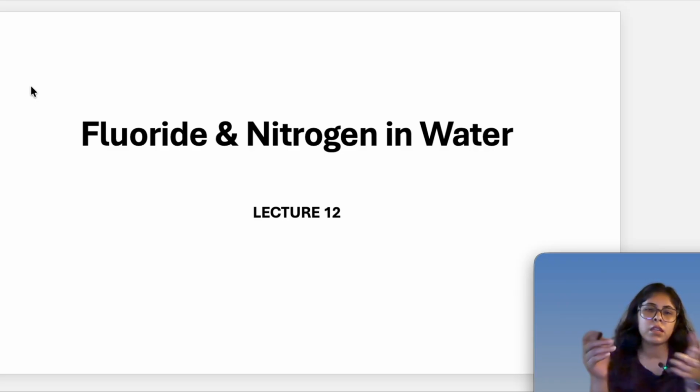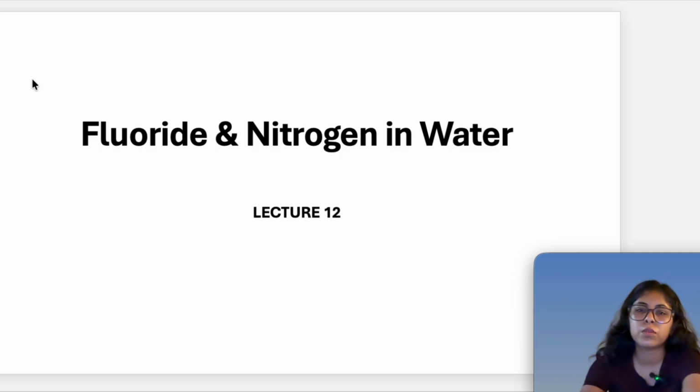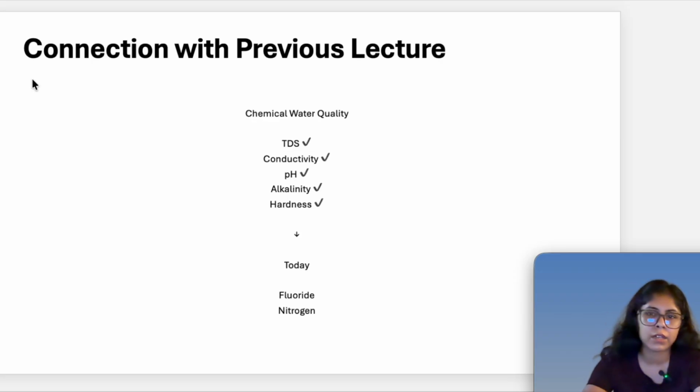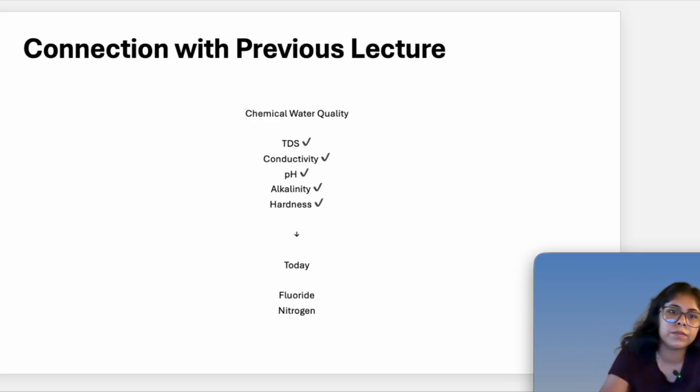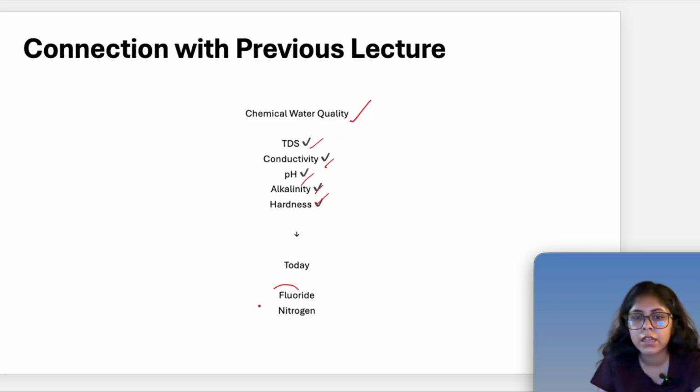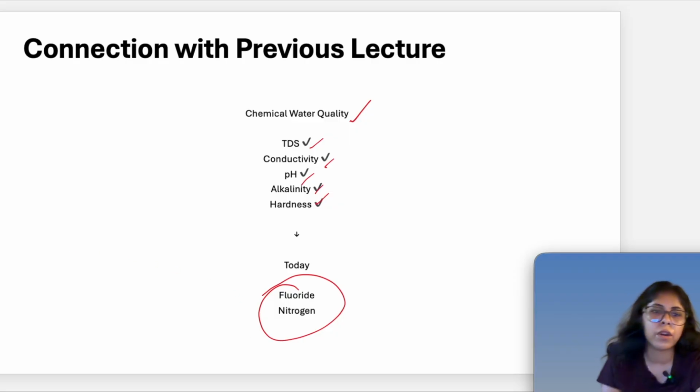So this is the next topic. Now let's move on to the next slide, so we have the connection with the previous lecture here. We are seeing the chemical water parameters, which are TDS, conductivity, pH, alkalinity, hardness. We have seen these. Today we are going to see fluoride.